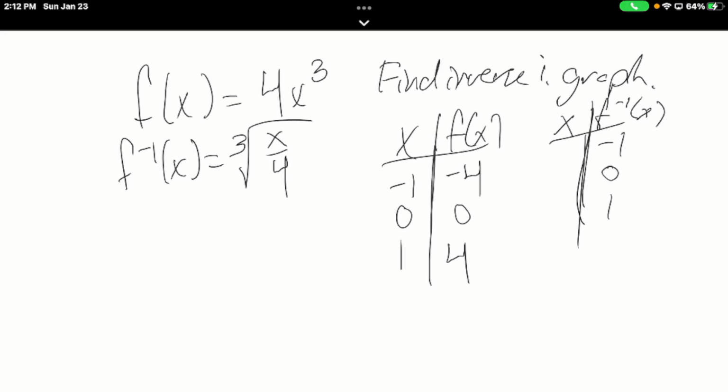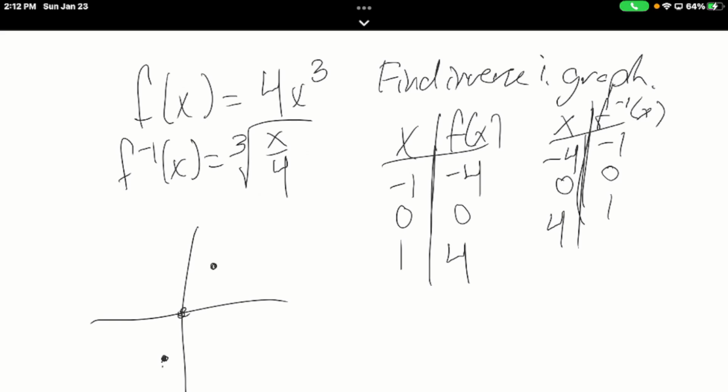I'm going to switch these two for the inverse. This is going to be -4, that's 0, and that's 4. Now I have every tool I need to be able to graph this.